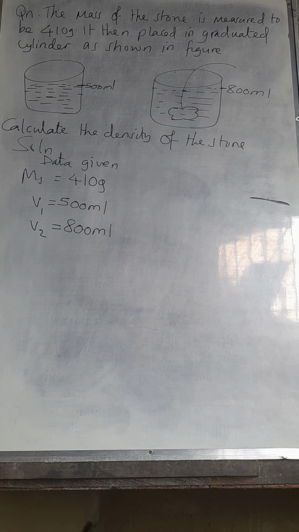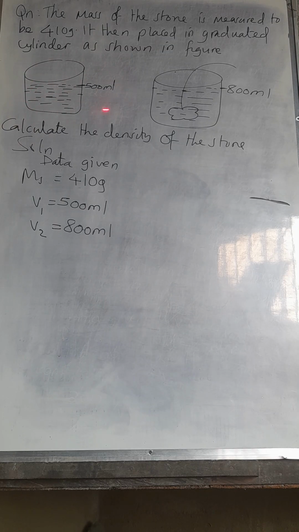We want to find the density of the stone, but we should ask where is the volume of the stone? We need to understand the volume of the liquid before the stone has been placed inside the liquid.